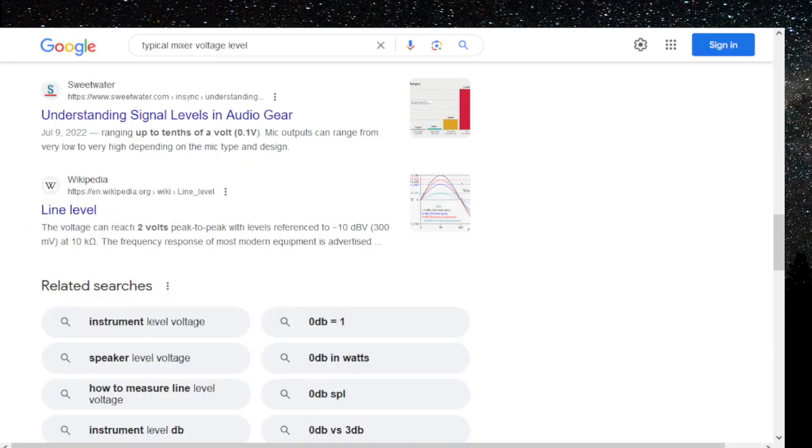And I don't see the answer that I'm looking for. Oh yeah, minus 10 dB is 300 millivolts at 10,000 ohms. Let's go here and look at this.